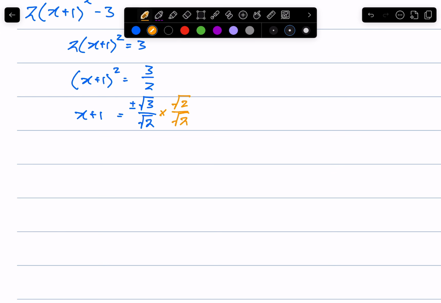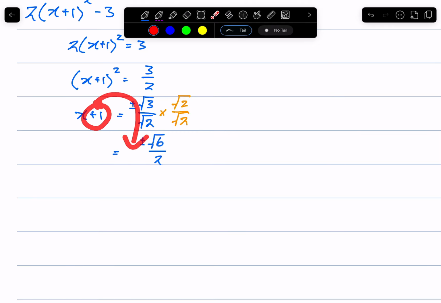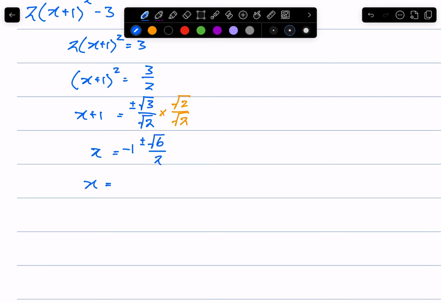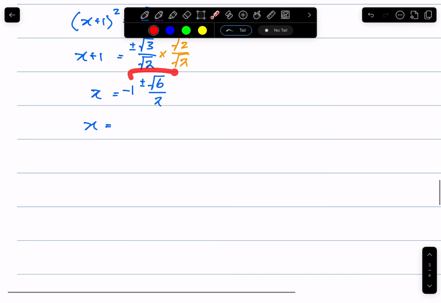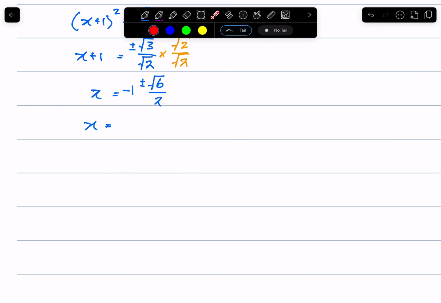Rationalizing this denominator, we get root 3 times root 2 is root 6 over 2, and the plus minus remains here. And at the same time, I'm going to move the negative 1 to the other side of the equation. So x equals negative 1, and from here, I'm going to combine this into one fraction.